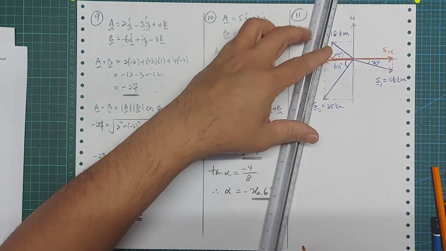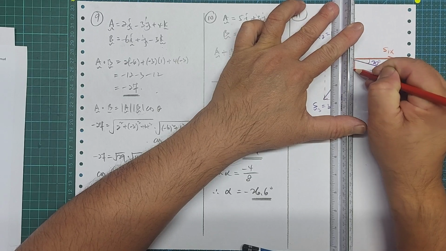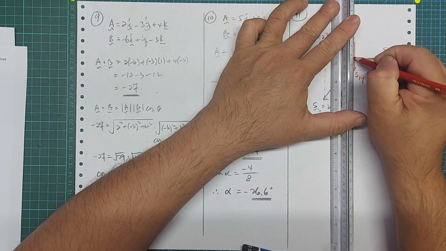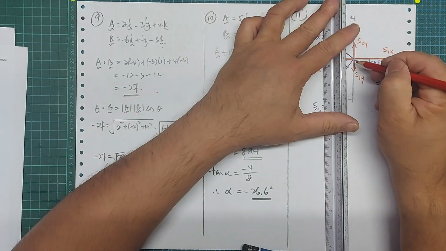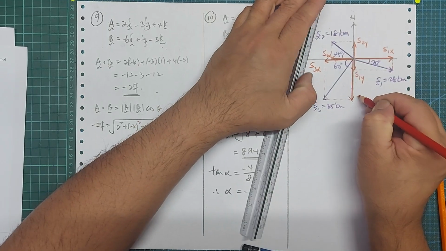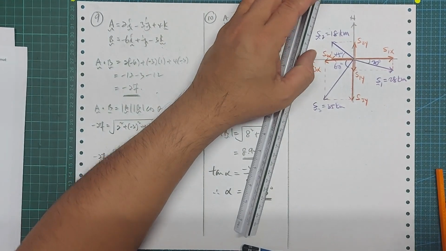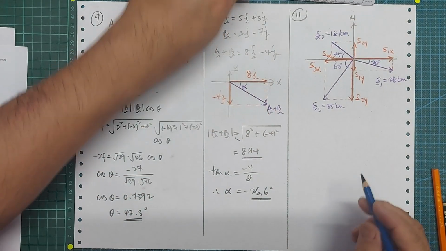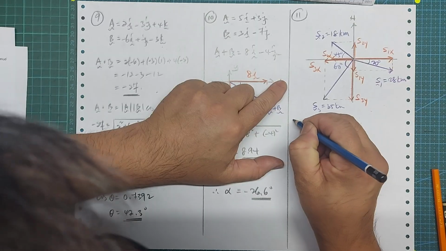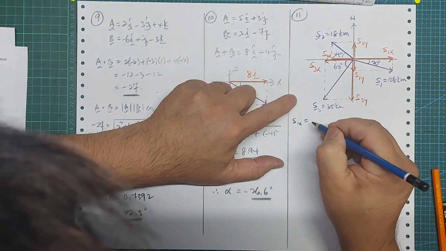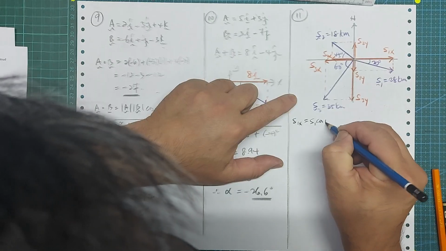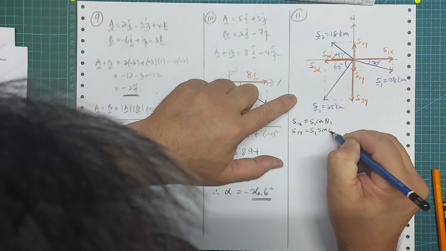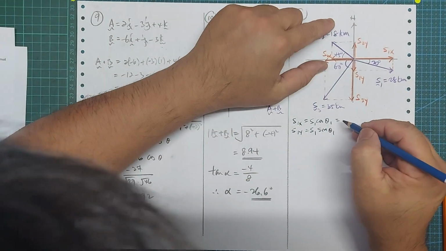And then after that you have this: S1y, S2y, and S3y. Okay, so now we can write down their values. S1x is equal to S1 cosine theta 1, and S1y is equal to S1 sine theta 1.